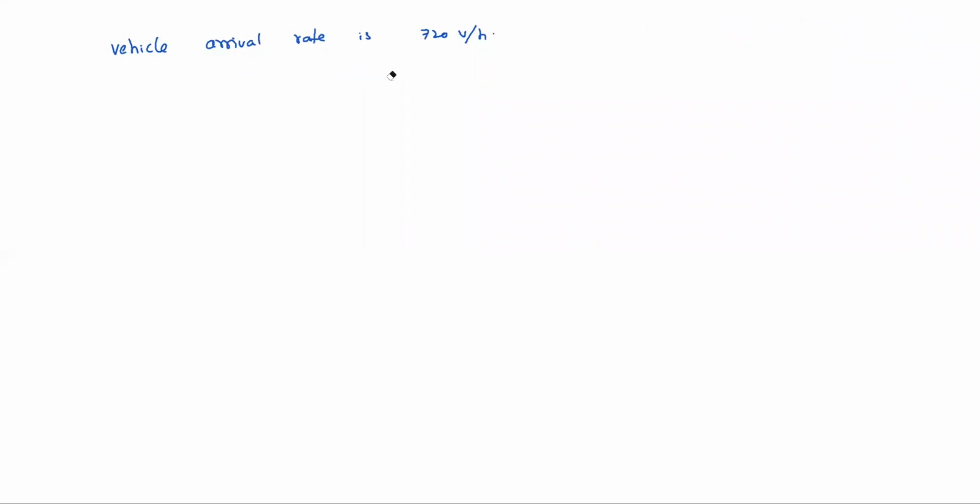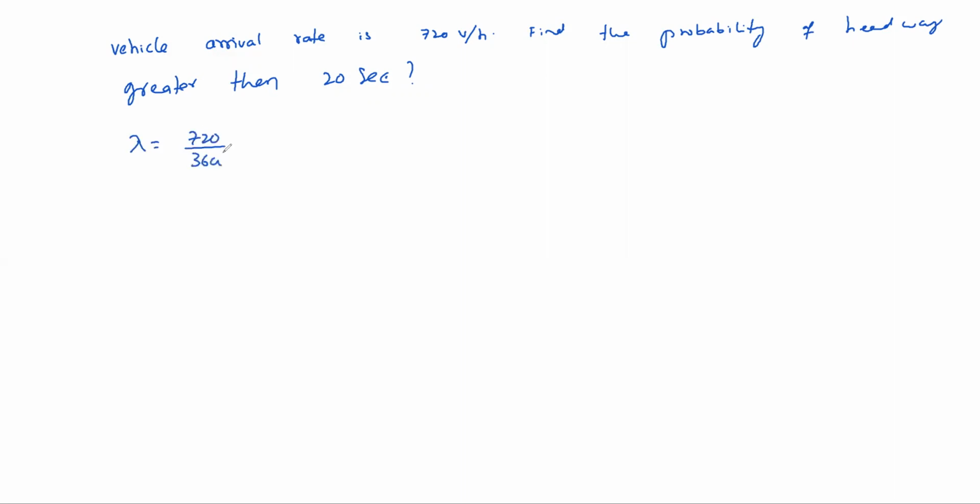Vehicle arrival rate is 720 vehicles per hour. Find the probability of headway greater than 20 seconds. Okay, probability we need to find. Here, what is lambda? 720 vehicles per hour by 3600 means how much? 0.2 is the lambda.